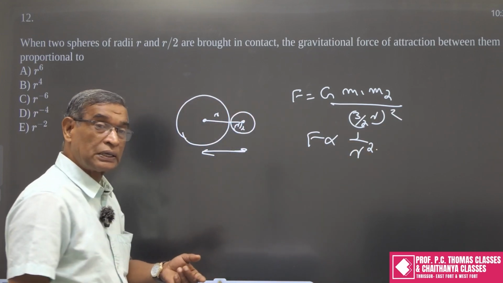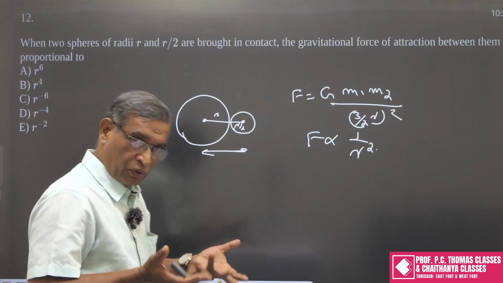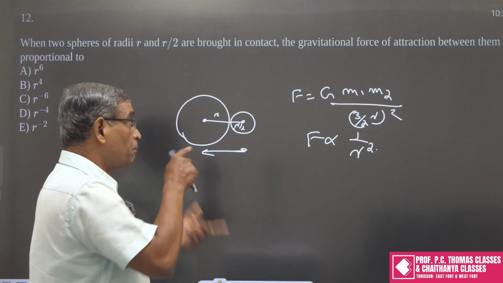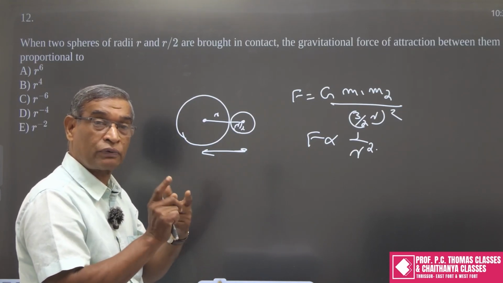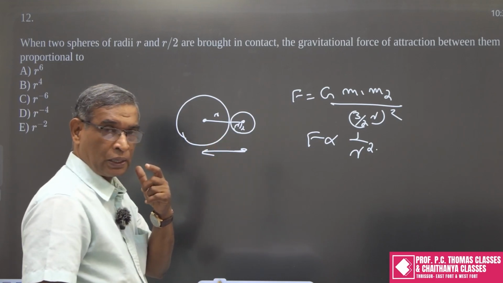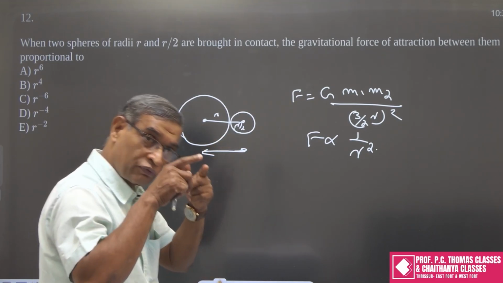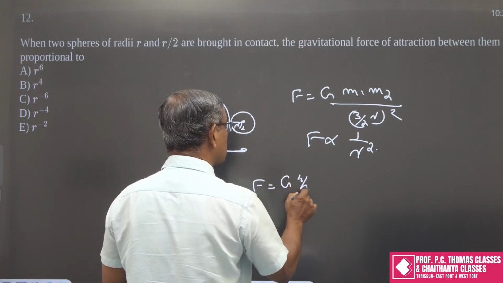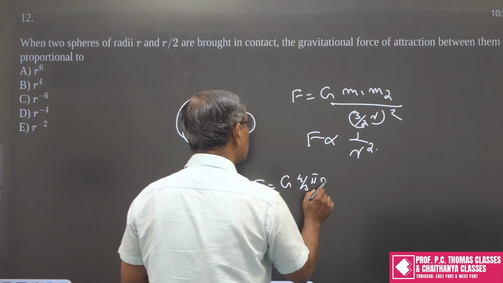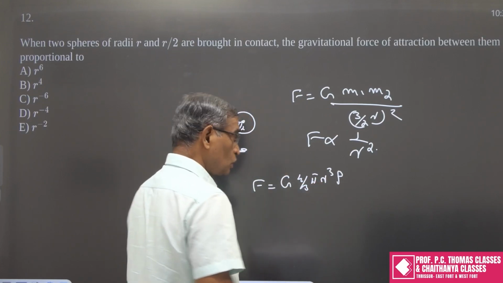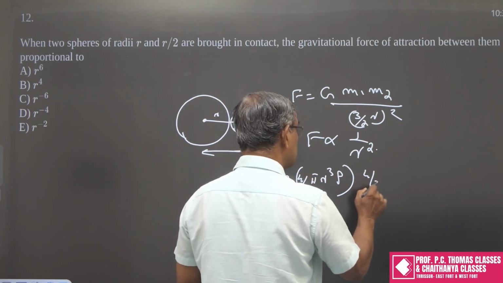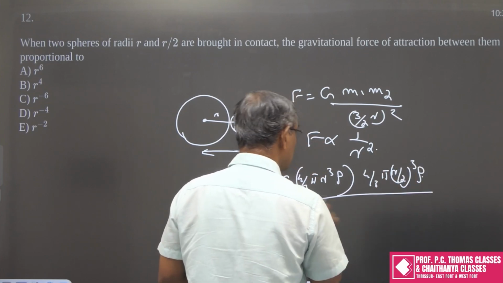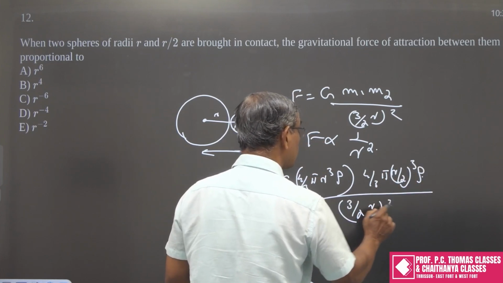If it is said that the density of both the spheres is a constant, then mass need not be a constant; it varies with the density of this body and that body. Therefore, you have to write it in terms of density. Then F is equal to G, m1 is equal to 4 by 3 pi r cube rho, m2 is 4 by 3 pi r by 2 whole cube rho, divided by 3 by 2 r whole square.